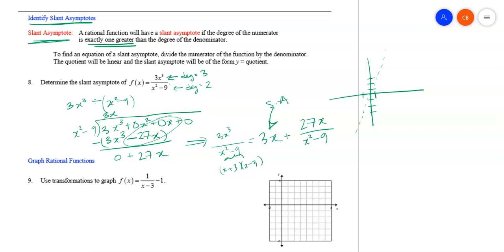And then we can plot those. Those will become factors that will give us vertical asymptotes. So the vertical asymptotes would be the zeros for these factors on bottom. So basically x equals plus or minus 3. Those will be the two vertical asymptotes. So we could plot those vertical asymptotes.